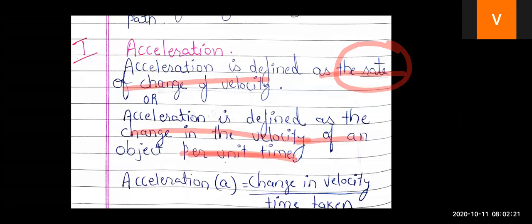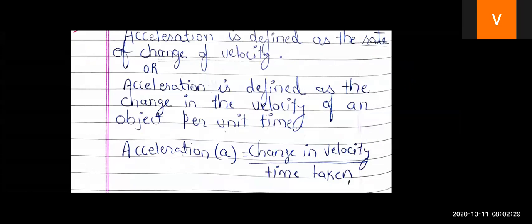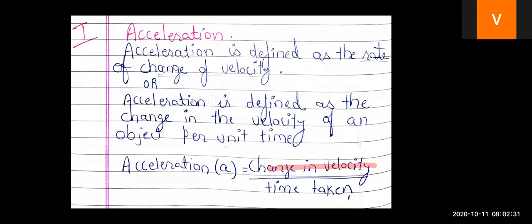So we can write down the formula of acceleration, and that is acceleration equals to change in velocity upon time taken. What's the change in velocity and what time was taken for that change in velocity? Clear? So I hope we are clear with the definition, that at what rate there is change in velocity, that will give you your acceleration, right, children?